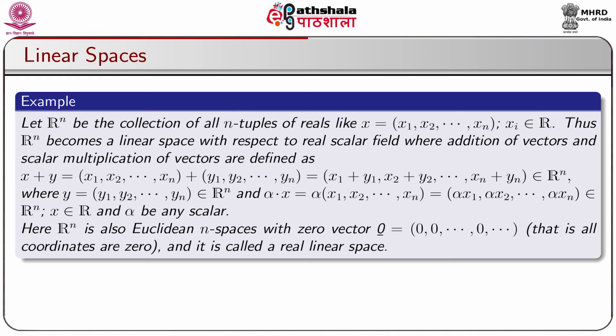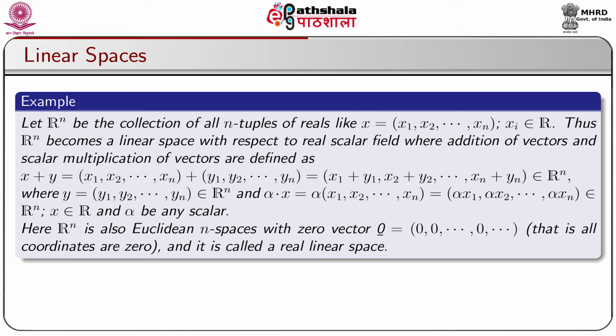Let Rn be the collection of all n-tuples of reals like x is equal to (x1, x2, ..., xn), where the elements xi are taken from the space of all reals R. Thus, Rn becomes a linear space with respect to the real scalar field, where addition of vectors and scalar multiplication of vectors are defined as follows. x plus y is equal to (x1, x2, ..., xn) plus (y1, y2, ..., yn), where y is taken as (y1, y2, ..., yn).